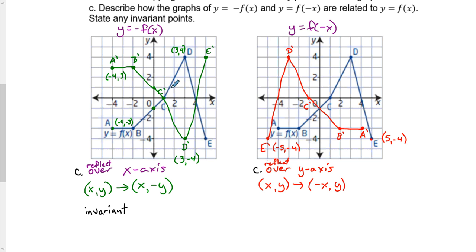But there's a general statement that can be made. Same thing as there's a general statement about some point on this blue and red graph here that haven't changed. Most specifically, I just see that if it reflects over the y-axis, anything that's on the y-axis is invariant.